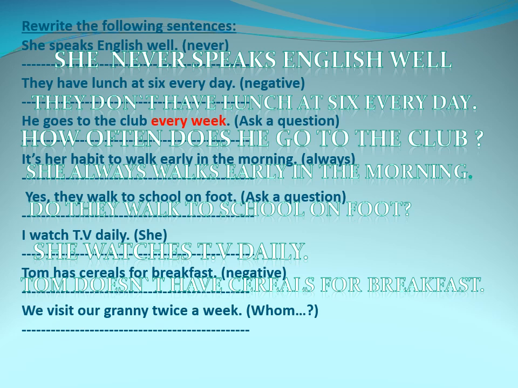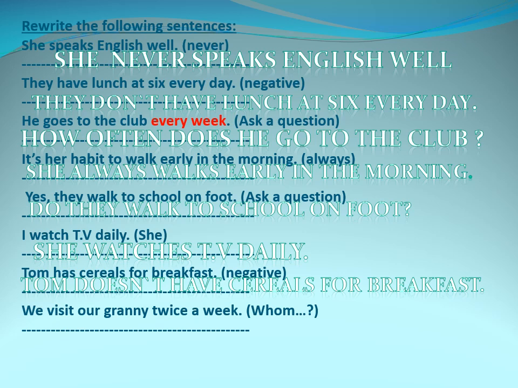We visit our granny twice a week. Whom? Whom here is asking about the object. For example, we is the subject, visit is the verb, our granny is the object. So when I say whom, I make a question, but I cross out our granny because I'm asking about the object.